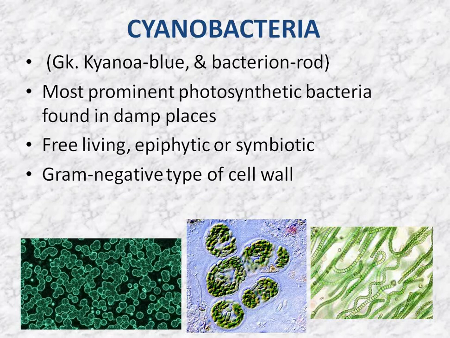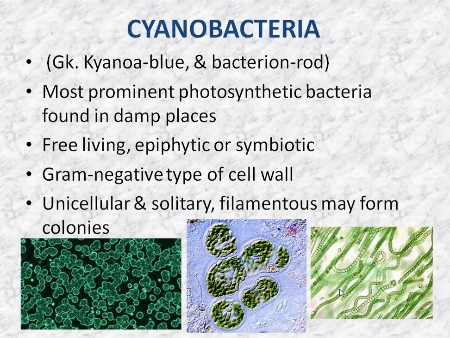And cyanobacteria are more related to gram-negative bacteria, or the cell wall of cyanobacteria is like the gram-negative type of bacteria. Some of the cyanobacteria live individually as unicellular cells, some live in the form of colonies, and some are in the form of filaments. As you can see in these figures, these are unicellular individual organisms, in the form of a colony, and most of them are in the form of filaments.